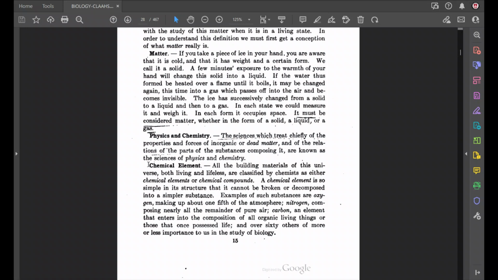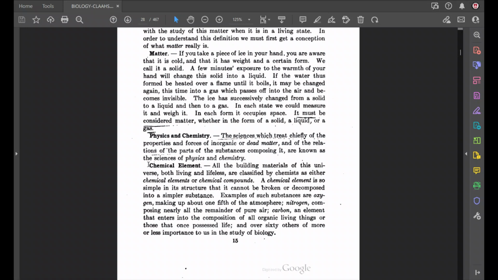The sciences which treat chiefly of the properties and forces of inorganic or dead matter, the sciences which treat chiefly, that means they don't treat only of dead matter, but chiefly with dead matter, and of the relations of the parts of substances that compose it, are known as the sciences of physics and chemistry.